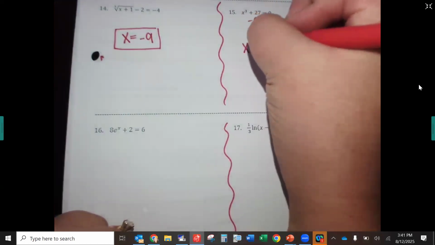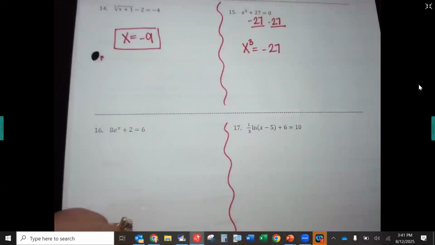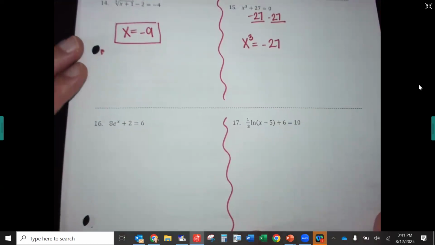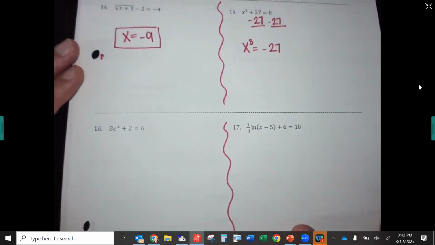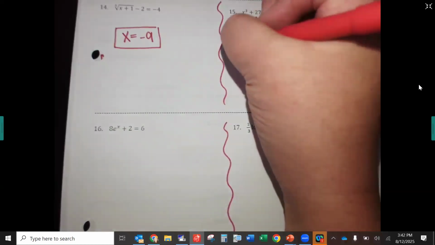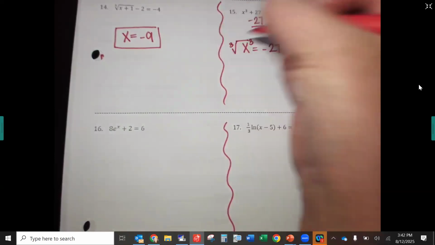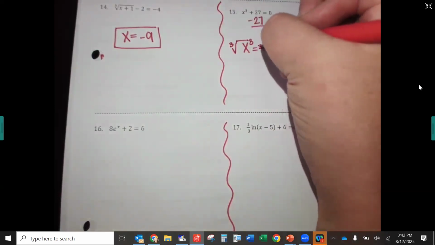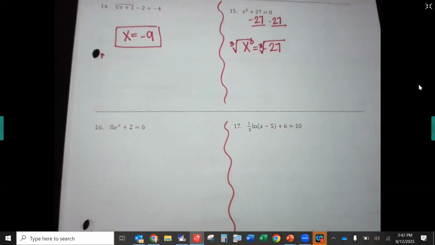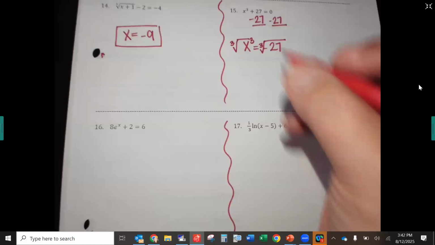which means that x cubed is -27, and then to get rid of a cube, you take a cubic root. So you're going to put a little radical with a 3 in the elbow to show that it's not a square root, it's a cubic root. Then your 3 power and your 3 root are going to cancel each other out to give you the x by itself.